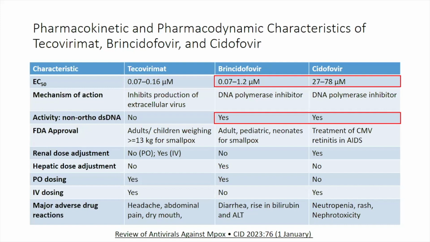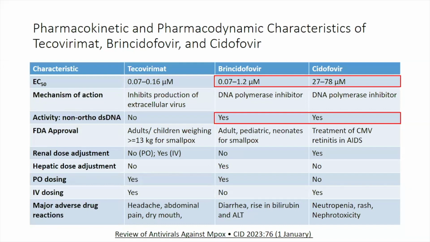But tecovirimat is very specific for orthopox viruses, so it has no effectiveness against other double-stranded DNA viruses. But you can see here the difference between the EC50 of tecovirimat and brincidofovir and cidofovir. So you can see that brincidofovir and tecovirimat are likely to be much better against orthopox viruses. This difference is, by the way, also seen in other groups of double-stranded DNA viruses.